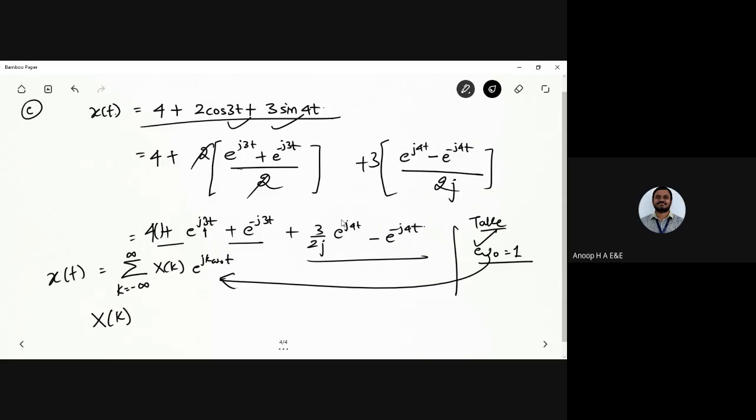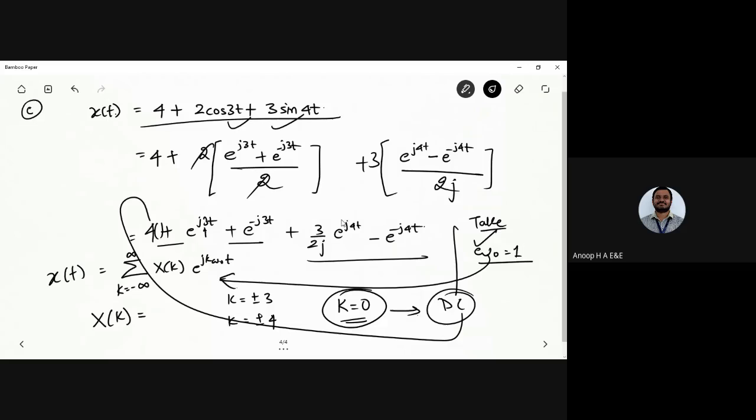So you have x of k, and k would be plus or minus 3. Next, k would be equal to plus or minus 4. Okay, next k is equal to 0. What does k equal to 0 mean? What type of term will you get? Average power. Yes, so k is equal to 0. You are going to get a DC term there, right?